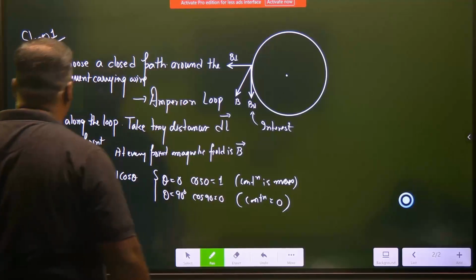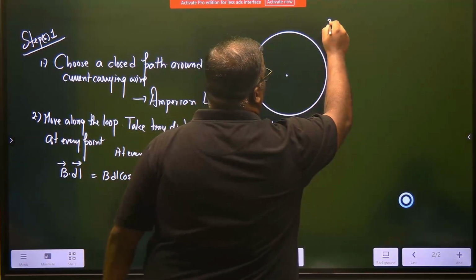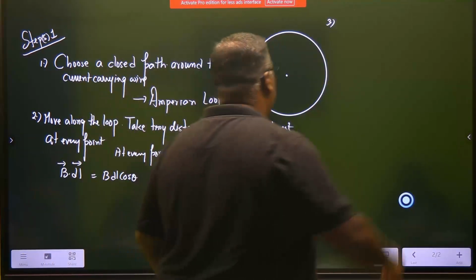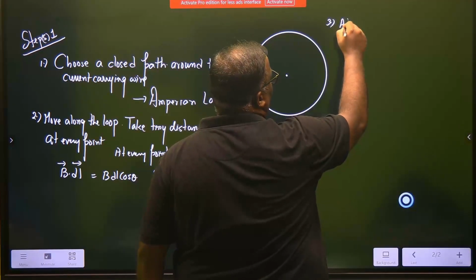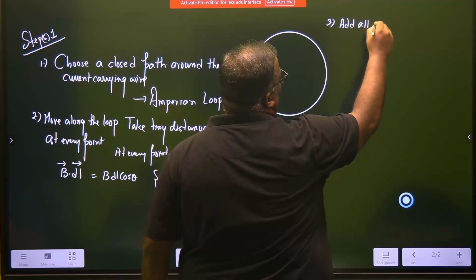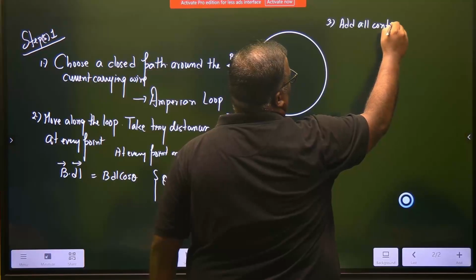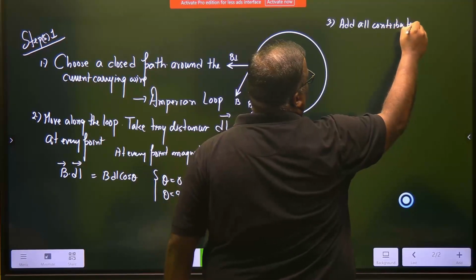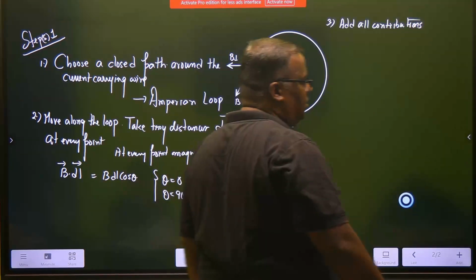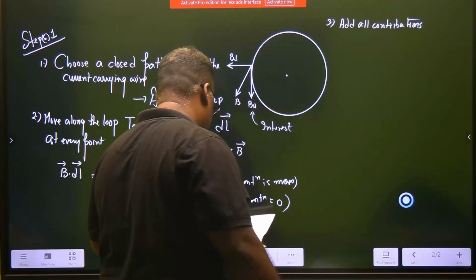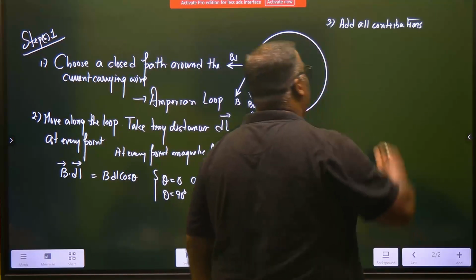Our next step will be step number 3. Add all contributions. Each element is contributing B dl cos theta, so you actually add all contributions. How to do that?